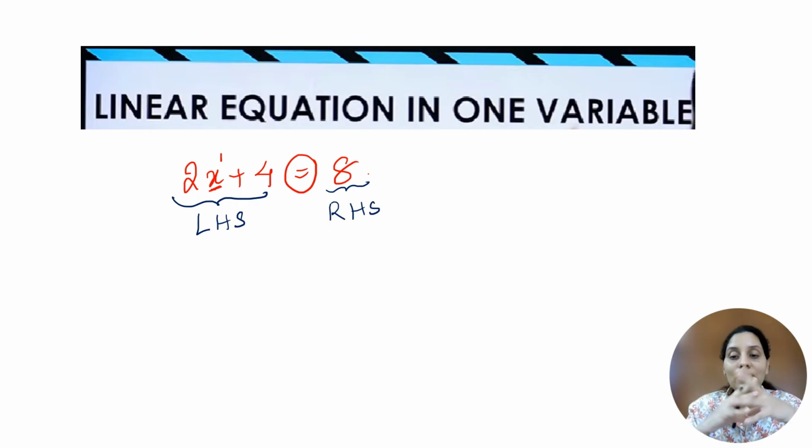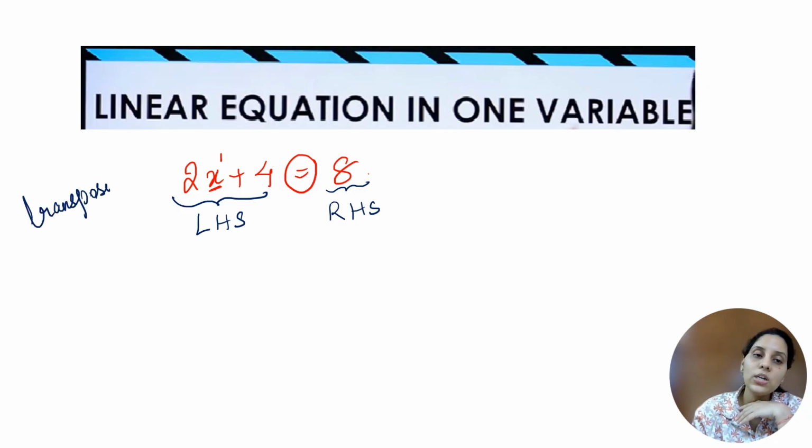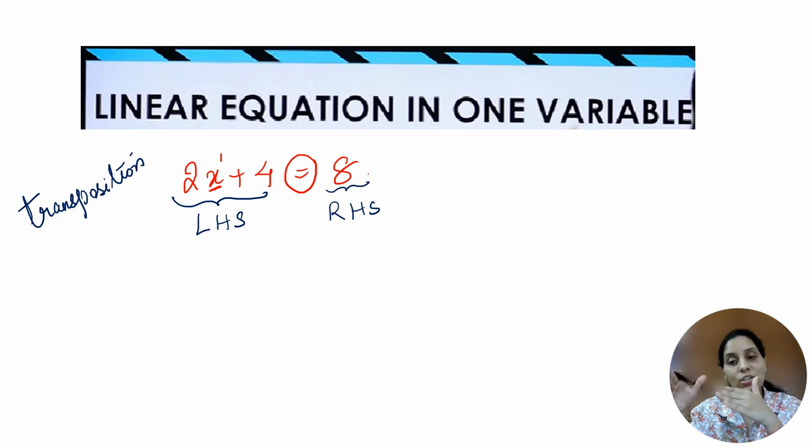Now how do we find the value of the variable? There are only a few steps that you need to remember. You will use the transposition method. What is transposition? It means moving one term from one side to the other, from LHS to RHS or RHS to LHS.